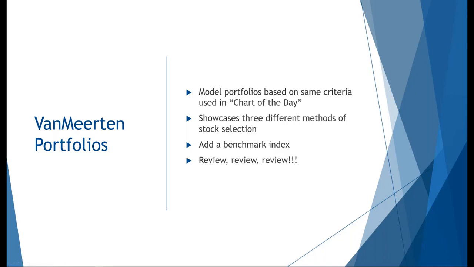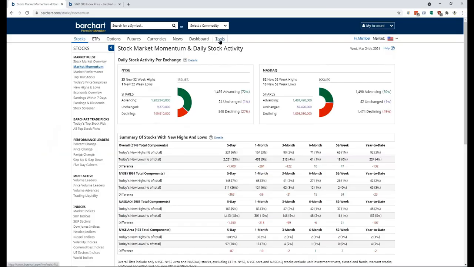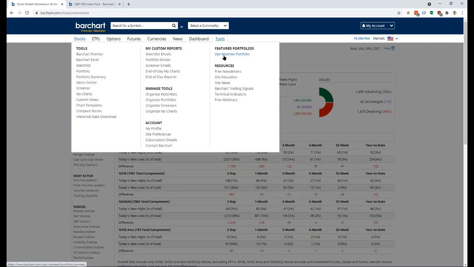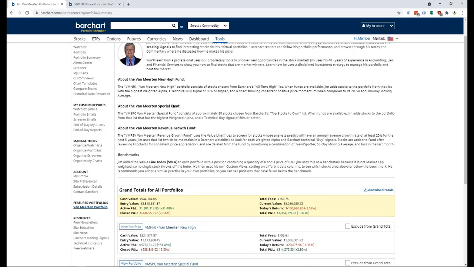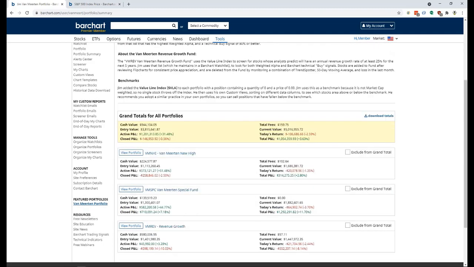Okay. The second portfolio is, oh, you want to go to those portfolios? Yeah, we may as well show people your portfolios. The second portfolio is very similar. The stocks that are picked in that portfolio, the Van Meerten Special Fund, are similar to the chart of the day.